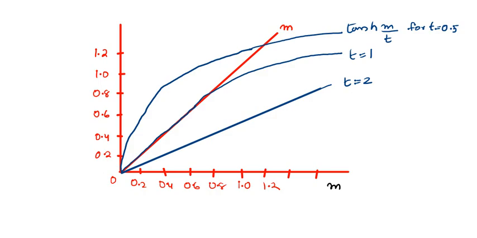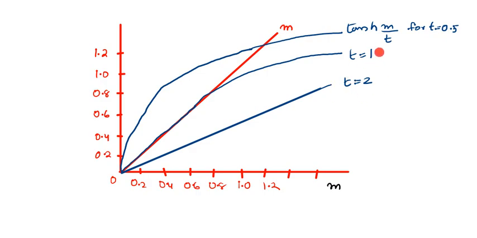That is, left hand side is reduced magnetization. When we plot m with respect to x-axis, we get a straight line. And we are plotting right hand side, that is tanh(m by t), for different values of t: t equal to 0.5, t equal to 1, t equal to 2.